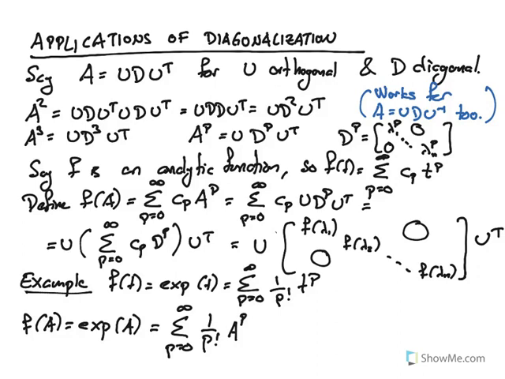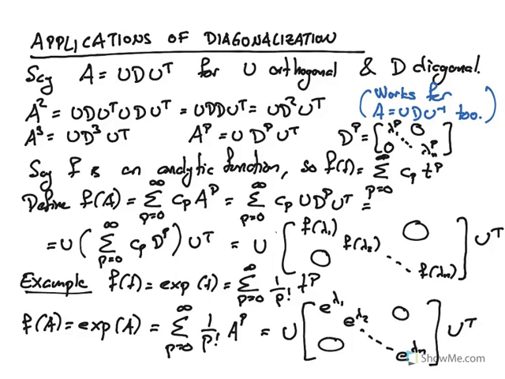The series converges absolutely as well. And then this works out to be simply U acting on the left, and then you have the exponentials of the eigenvalues on the diagonal, and then U transpose. Okay.